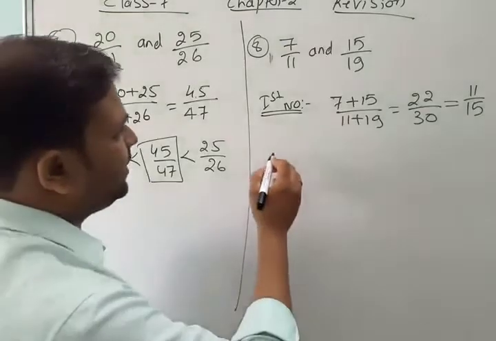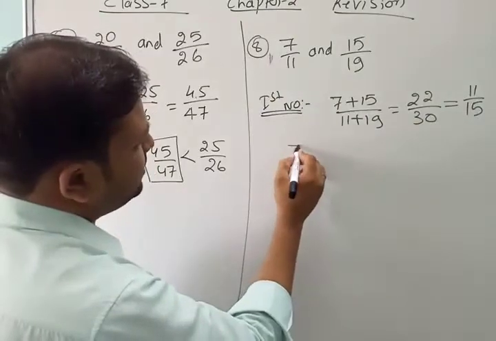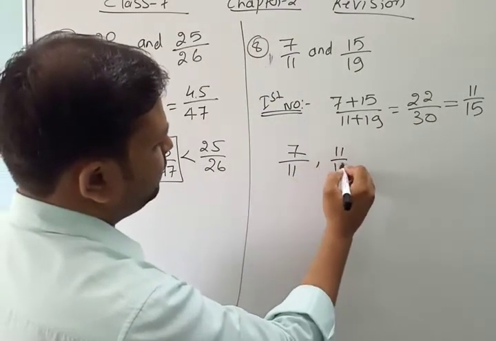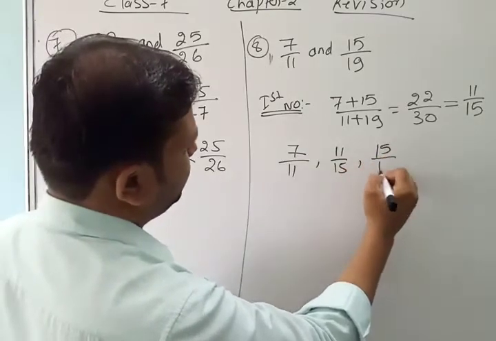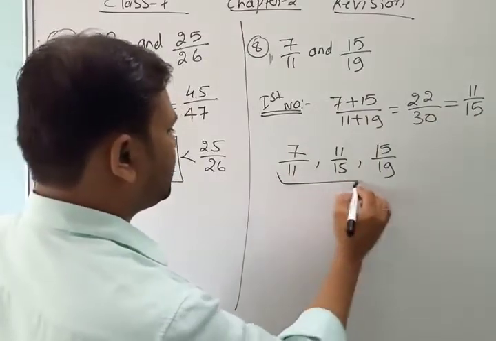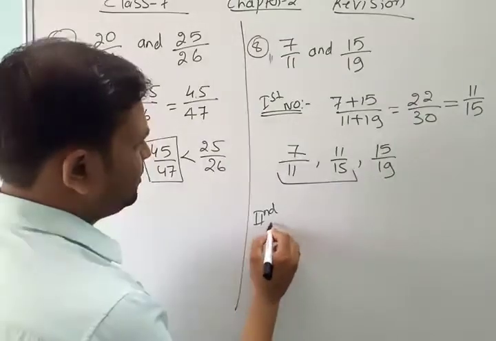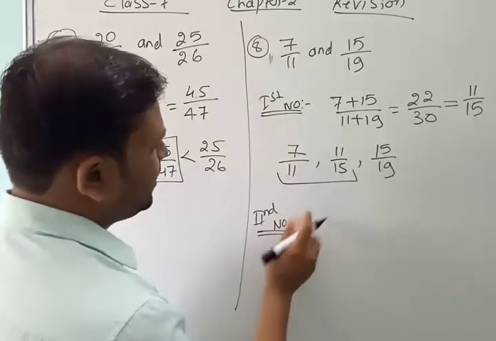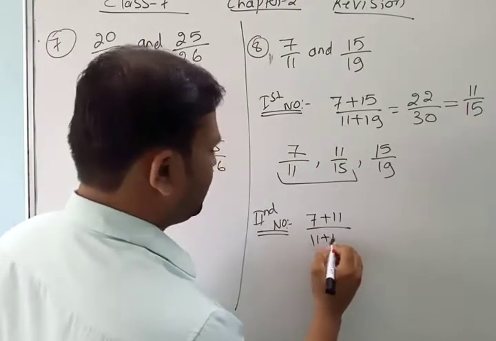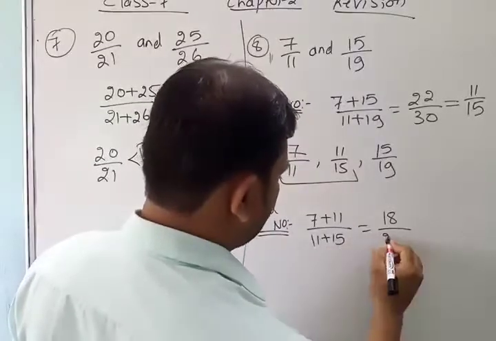Then for finding the second number, what we have to do? Just find one between these numbers. Now it is written as 7 by 11, 11 by 15 and 15 by 19. So अभी अपन ने इन दोनों नंबर्स के बीच में फाइंड किया. अभी अपन इन दोनों नंबर्स के बीच में फाइंड कर सकते हैं या इधर भी फाइंड कर सकते हैं. बोथ है सेम मीनिंग. सो सेकंड नंबर के लिए क्या करेंगे? इन दोनों को प्लस कर देंगे. 7 plus 11 upon 11 plus 15. 7 plus 11 is 18 and it is 26.